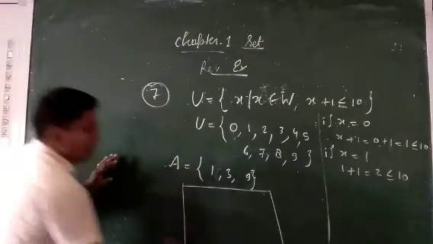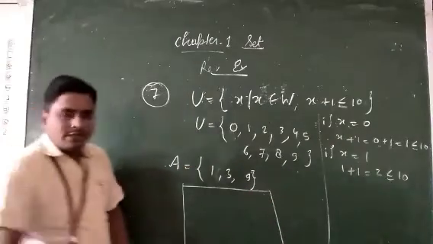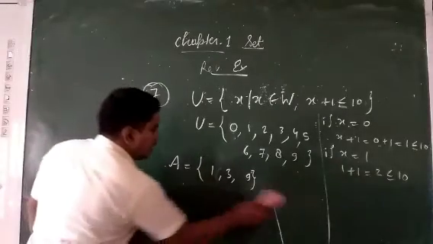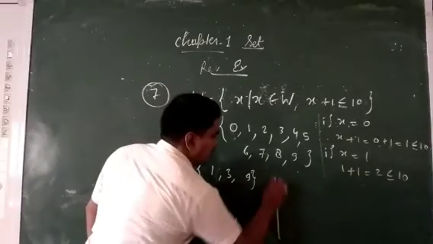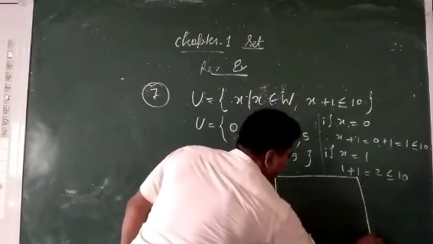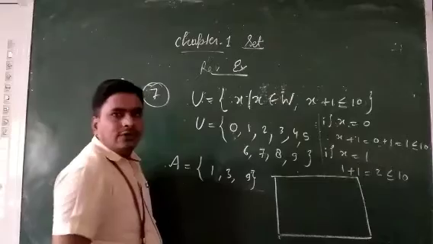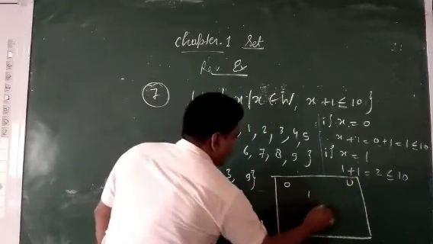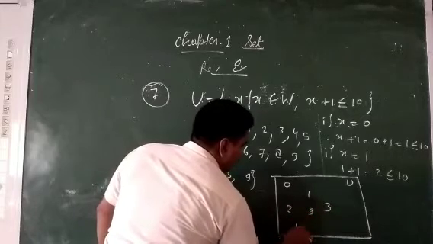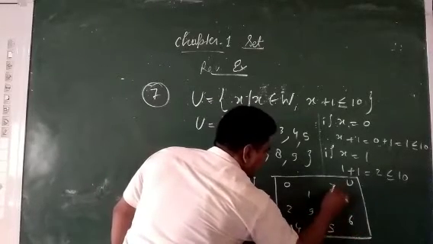First, we draw a rectangle box for the universal set U. Write the elements 0, 1, 2, 3, 4, 5, 6, 7, and 8 of the universal set.